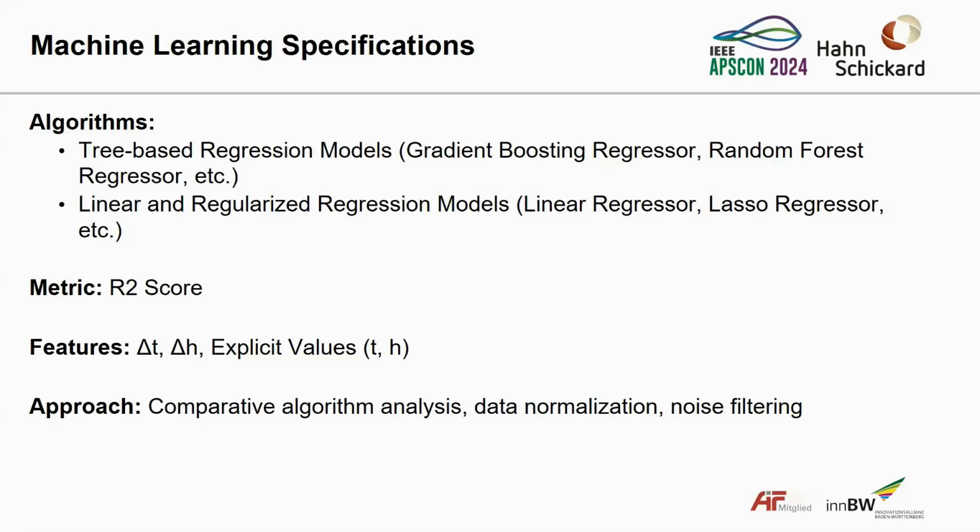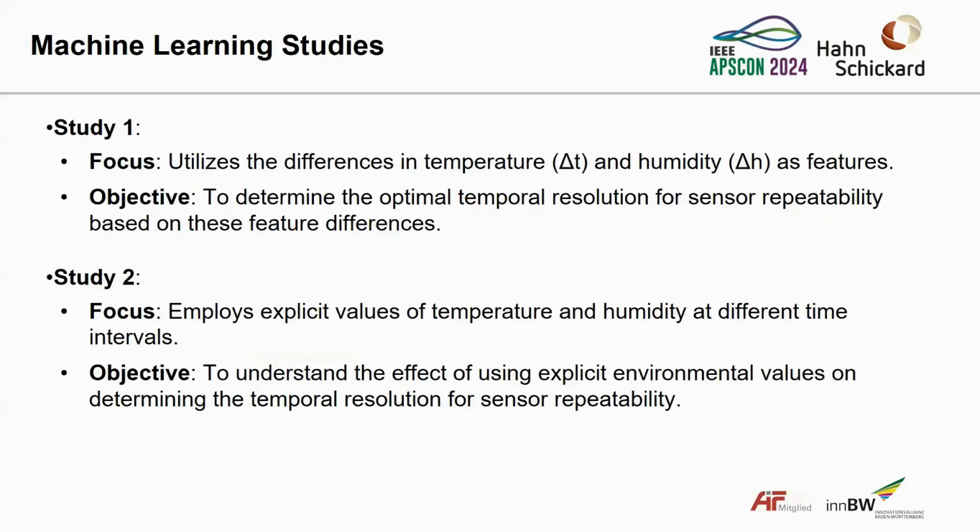And for separate experiments, we study temperature and humidity exclusively as features. In the upcoming slide, I will show the difference and why we are using this. We use a comparative analysis of algorithms, and we use data normalization and noise filtering to ascertain our results.